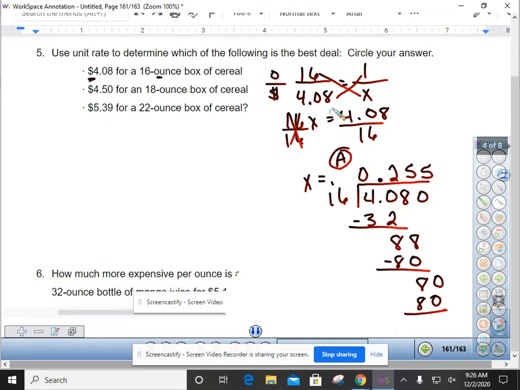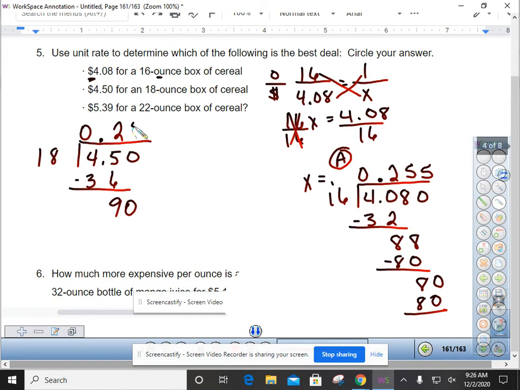Do you have to write the proportion for the other two? No. What can you do? You can just divide it, right? The money goes in the house. Does that make sense to you? That kind of makes a lot of sense. 18 into 45, so twice. 2 times 18 is 36. I think you have 9 left. And 18 into 90, 5.